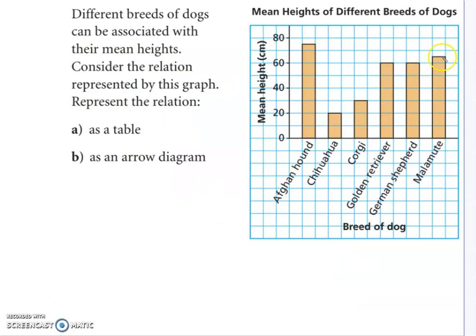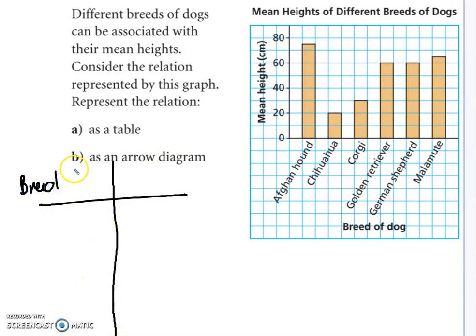So this one here, we're looking at different breeds of dogs and then their mean heights. So the first one says, can we represent it as a table? I am going to abbreviate, but make sure when you do write this out that you label what the title of each of these columns is. So breed of dog, and make sure you're being very specific, and mean height in centimeters.